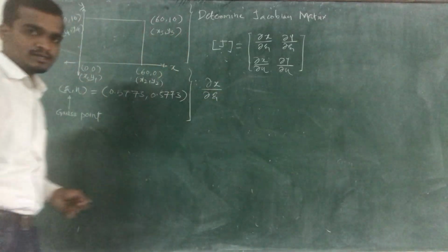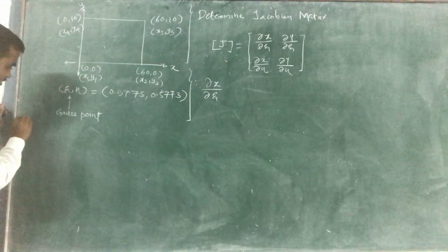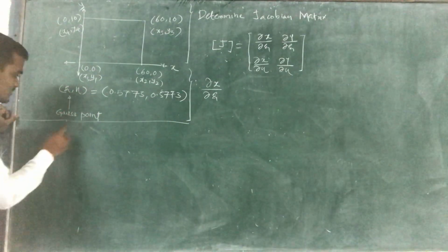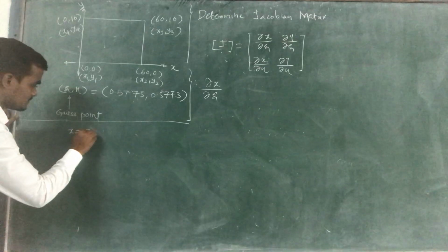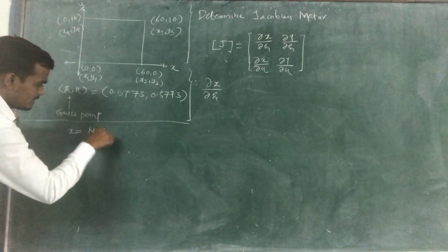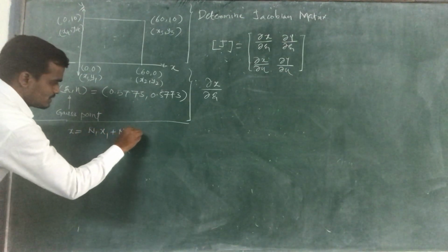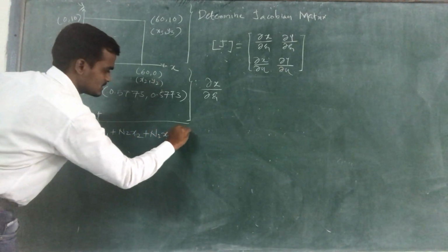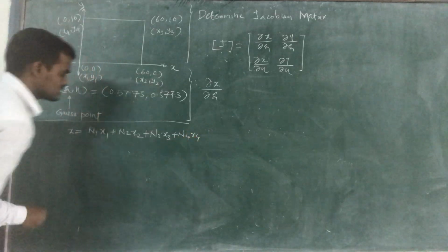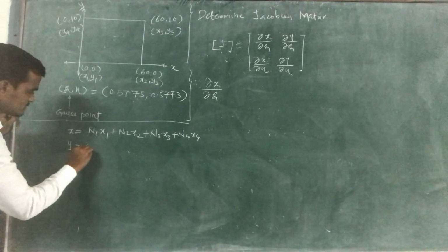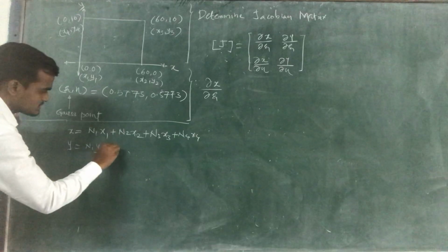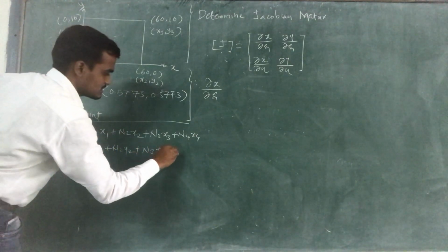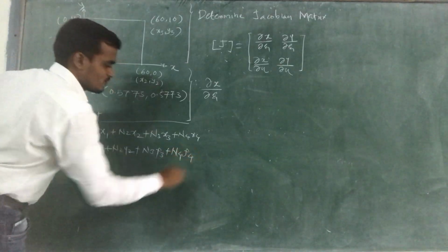As we know, the x and y coordinates can be determined from the natural coordinates by using this formula. X is nothing but n1 x1 plus n2 x2 plus n3 x3 plus n4 x4. Similarly, y can be determined as n1 y1 plus n2 y2 plus n3 y3 plus n4 y4.